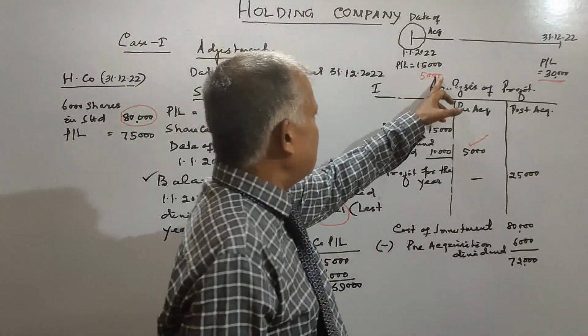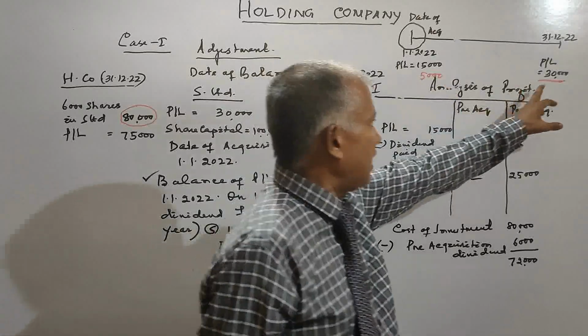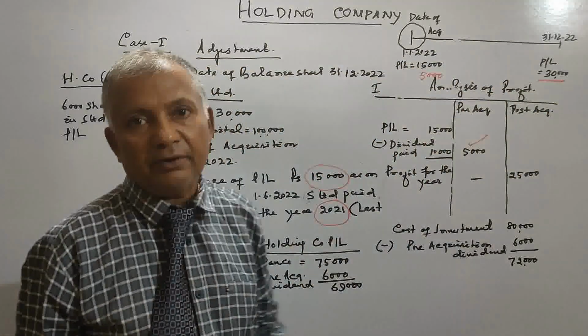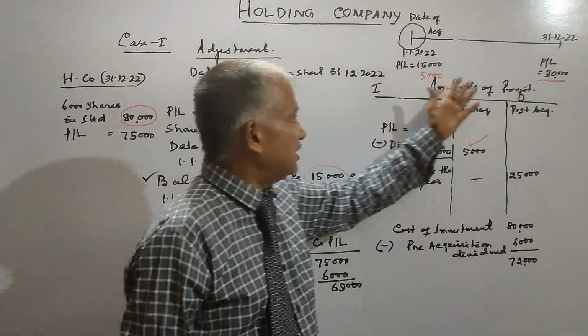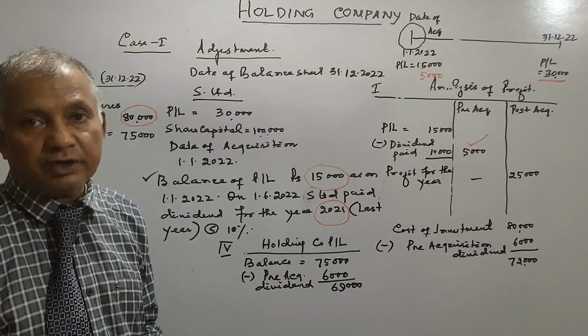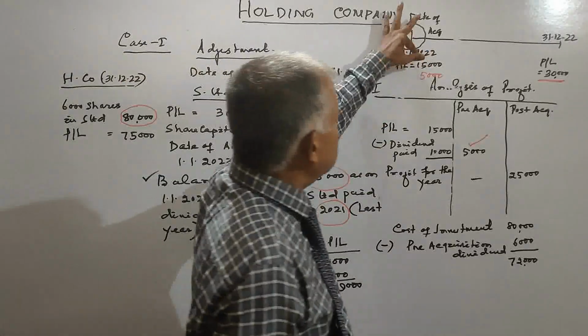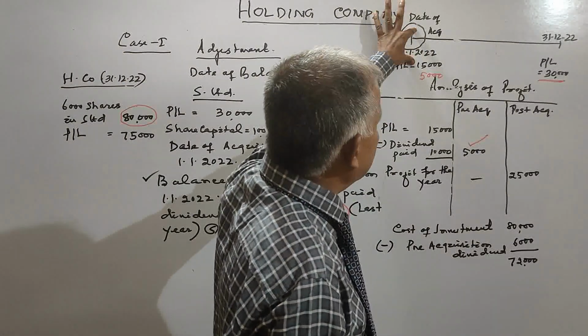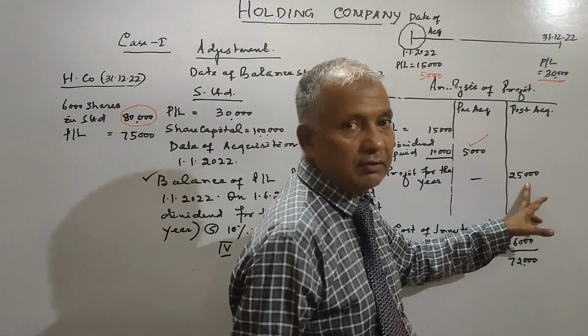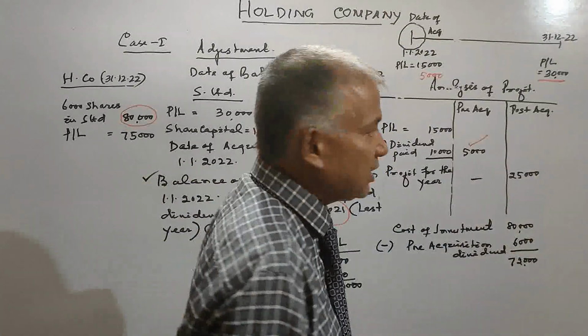After dividend it was 5,000, now it comes to 30,000 at the end of the year. So during the year the profit is clearly 25,000, as the pre-acquisition period is the beginning of the year. Therefore, profit for the year will be 25,000.